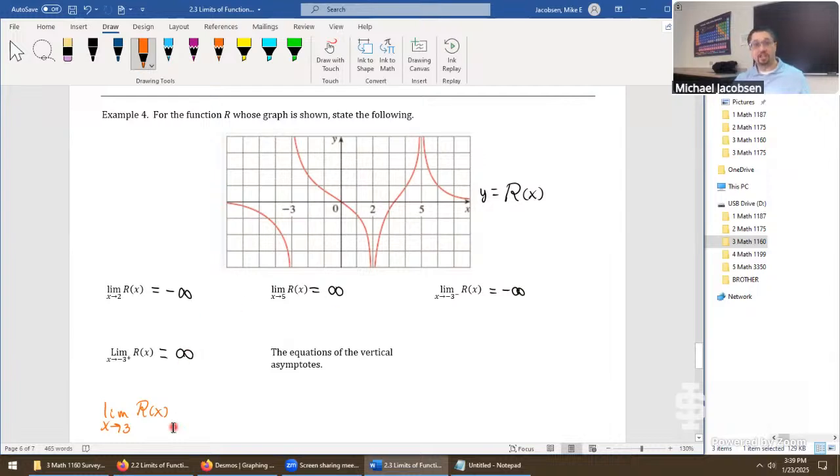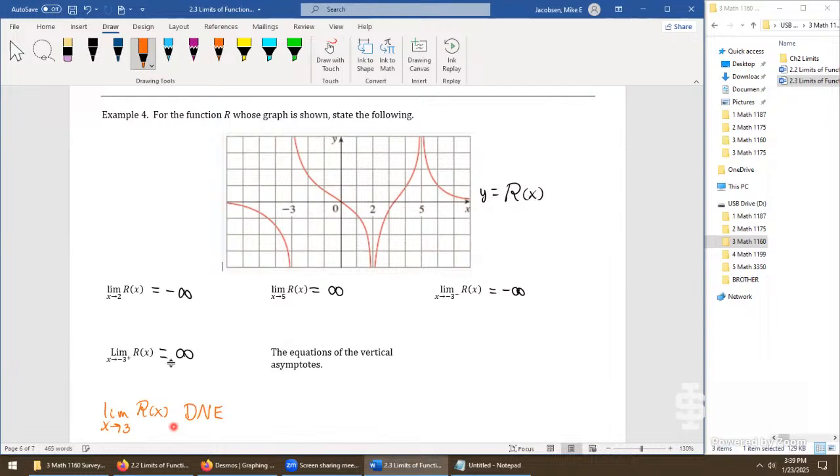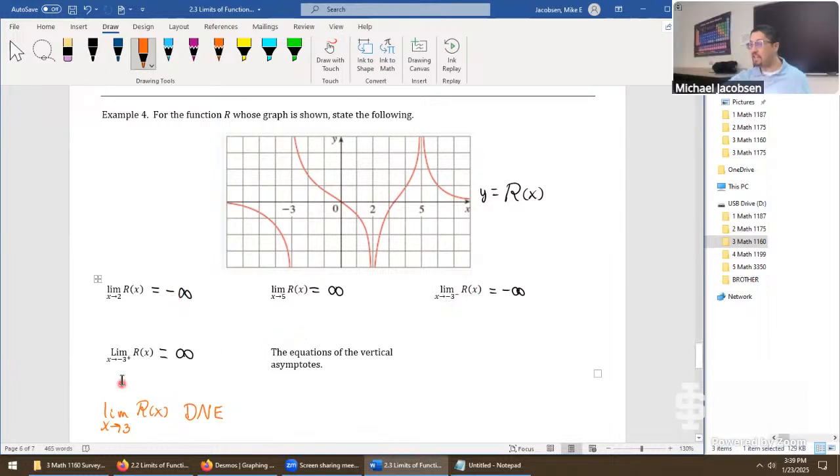So if you said does not exist, I would say that's the best answer on this one. DNE. You mean -3? Oh, sorry, yeah, -3 from the left, -3 from the right. Sorry about that. And that one should have been a -3 as well. Thanks for spotting that one. Took me a minute to find where the error was. Usually that's hard if it's your own error.